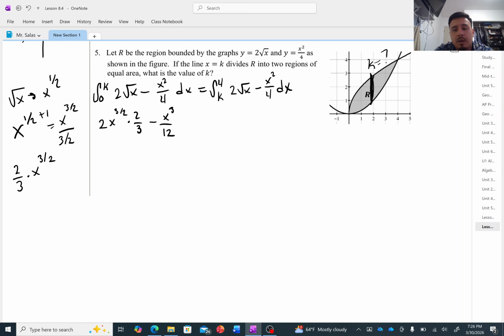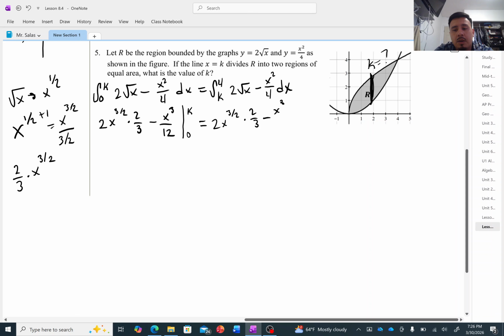This antiderivative is being evaluated for my bounds of 0 to k, and that's going to be equal to the same thing on this side: 2x to the 3 halves times 2/3 minus x cubed over 12, evaluated between k and 4.